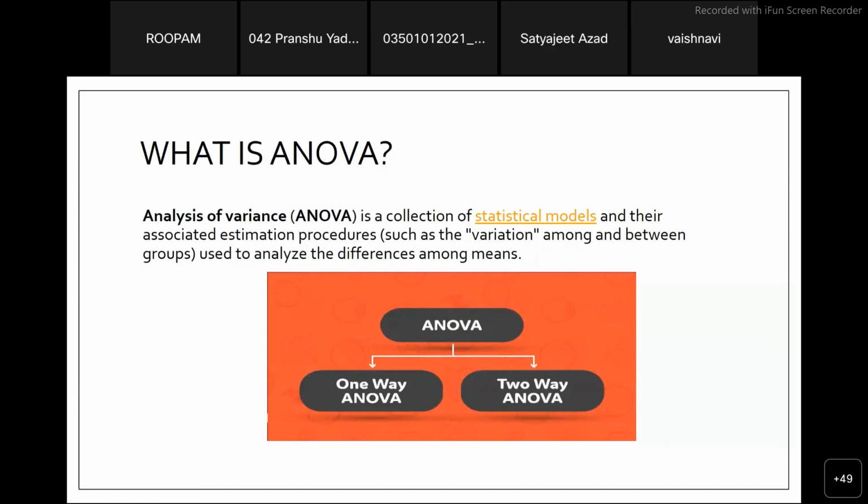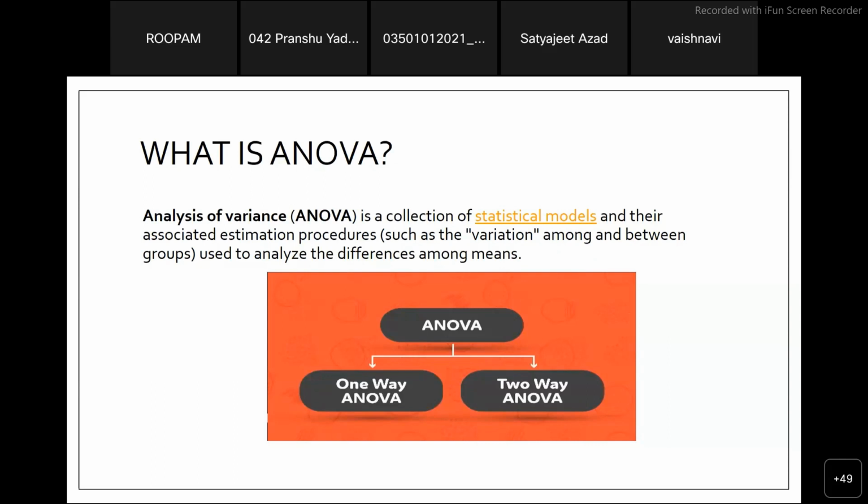With ANOVA, we try to check the intervention of a third variable on your target variable, maybe the response variable. I'll give you an example, so don't worry. So that we check how their variances are different. So this is your typical ANOVA.